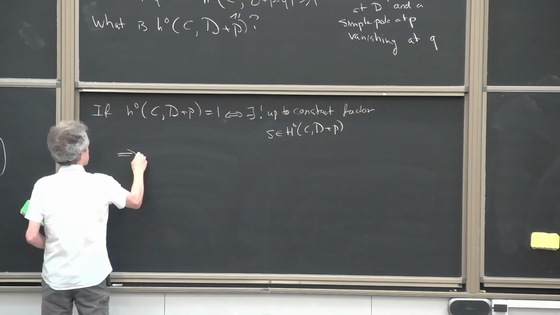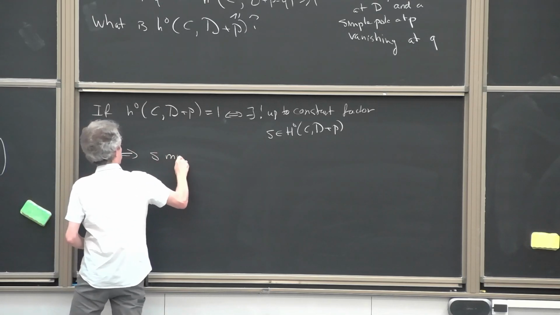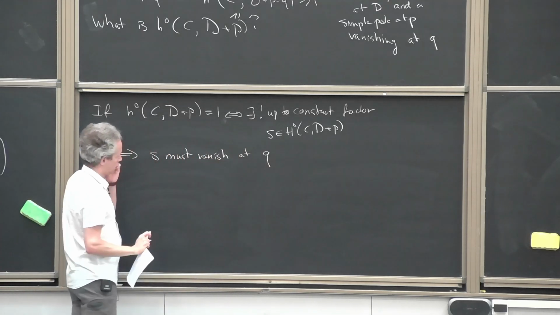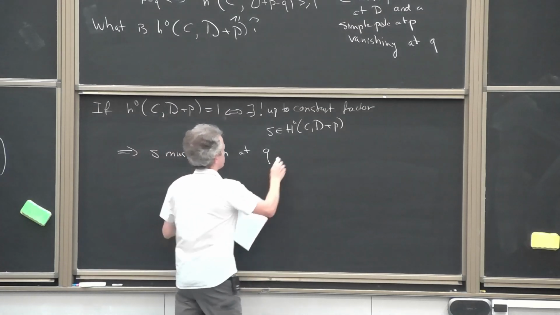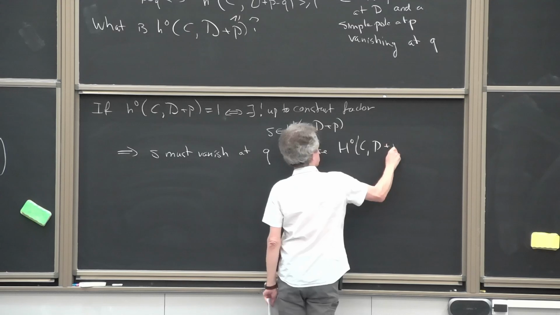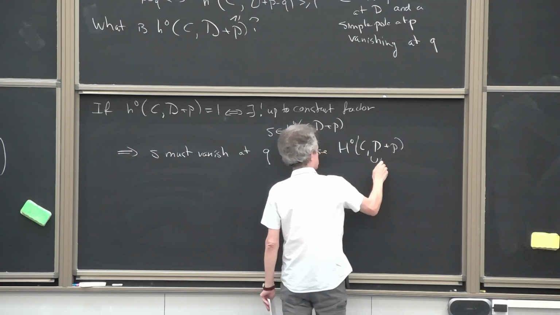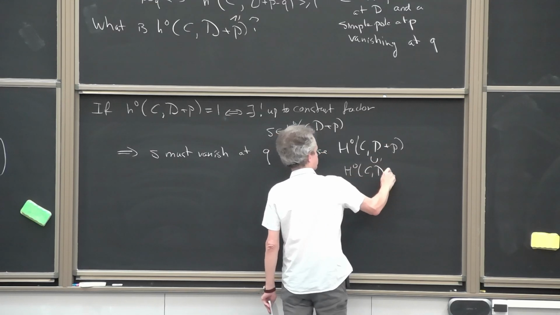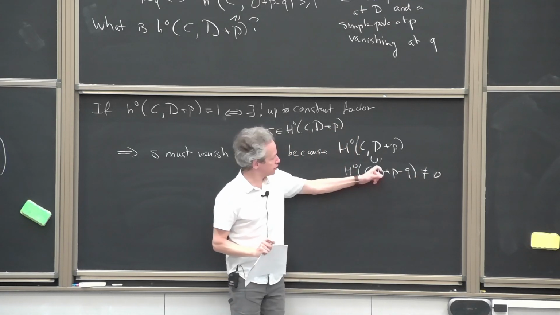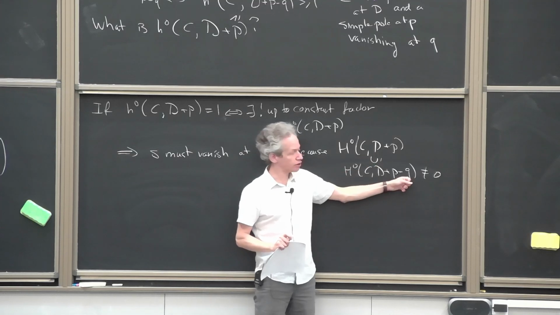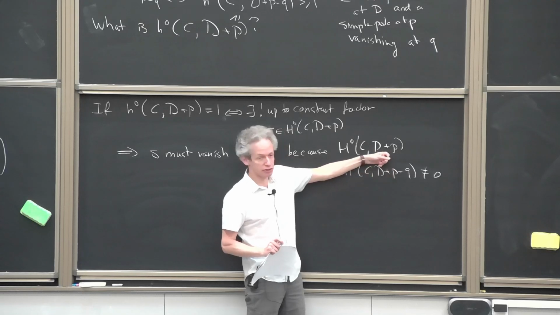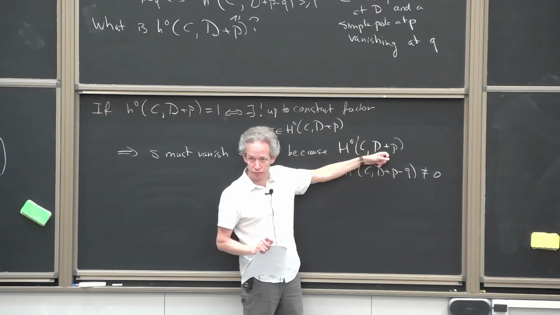Then this implies that S must vanish at Q. Because this space of sections, these are just sections of this that are required to have a zero. But this is non-zero, so there must be a section here, but then it must be the section that I have already seen. There is no choice. Okay?